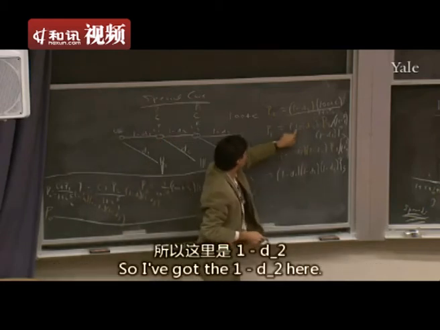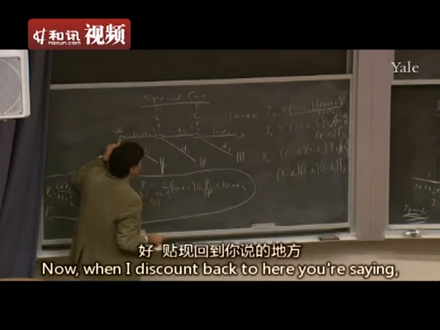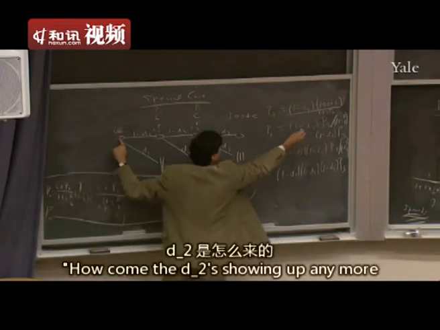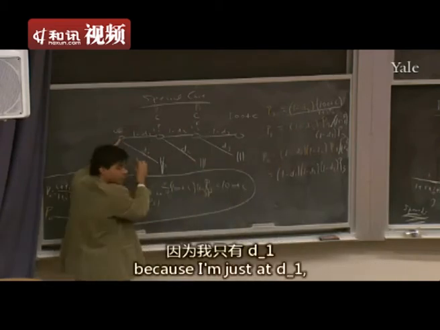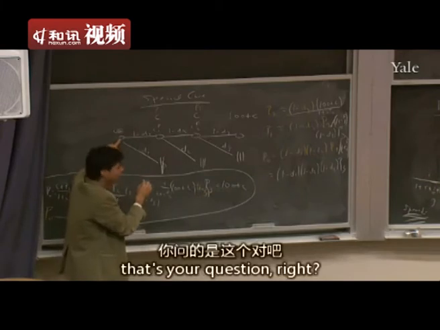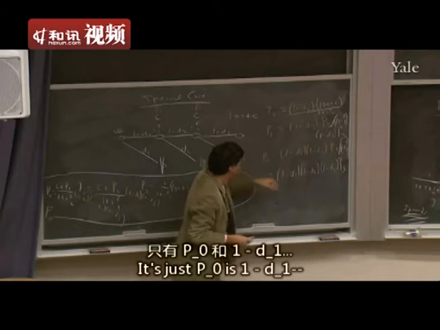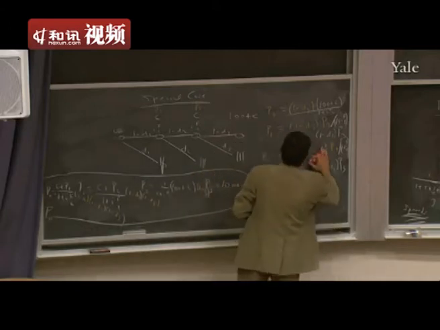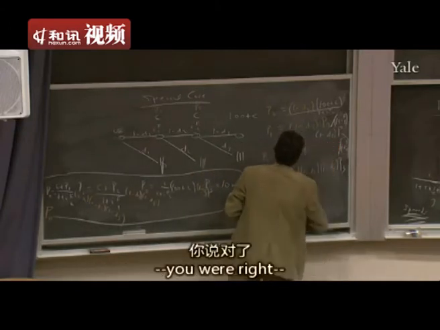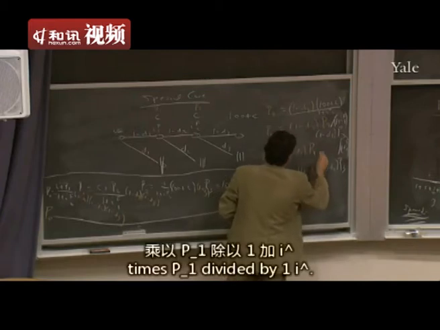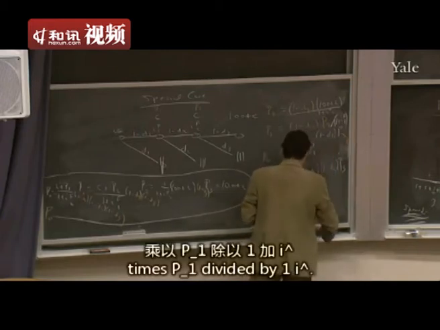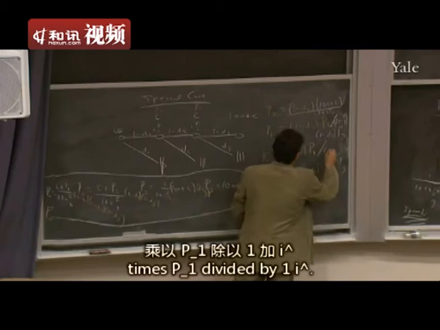So I've got the 1 minus D2 here. Now when I discount back to here, you're asking how come the D2 isn't showing up anymore? Because I'm just at D1. That's your question, right? So P0 is 1 minus D1 times P1 divided by 1 plus IF0.